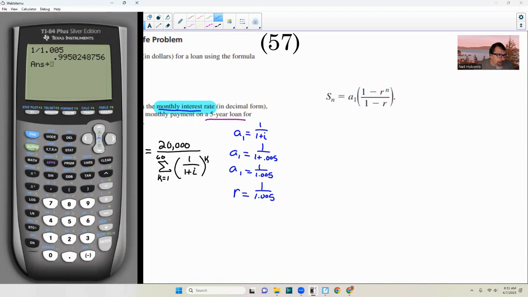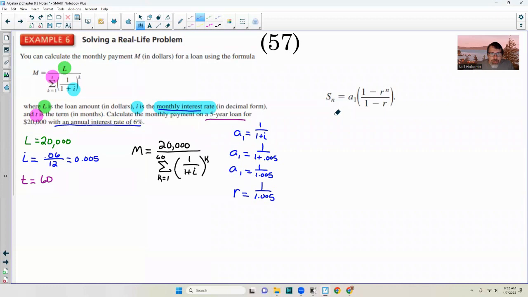It's green, so I go alpha, and the times button is my r. So I'm storing that for r. We've done store before. So now the calculator knows that r is this value and it's not rounding, which is more accurate.